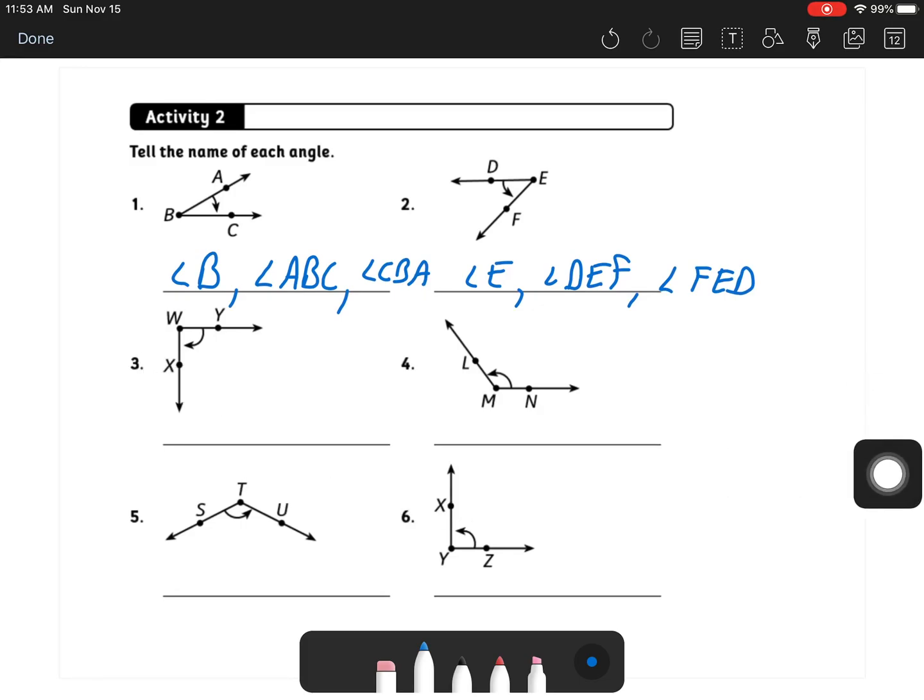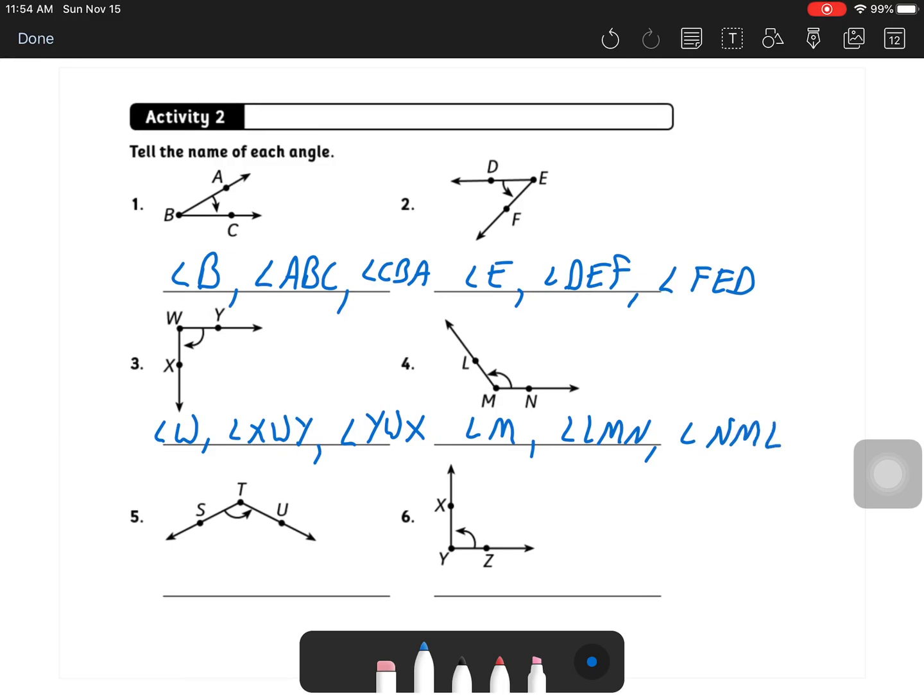Okay, for number 3, we can say angle W. We could say angle XWY. We could do angle YWX. Number 4, we could say angle M. We can say angle LMN, or finally angle NML.